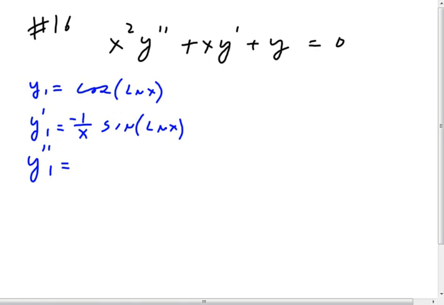It's going to be 1 over x squared, over x squared sine natural log of x minus 1 over x squared, minus is still there, so it'd be plus 1 over x squared.